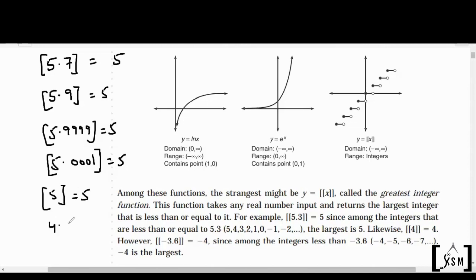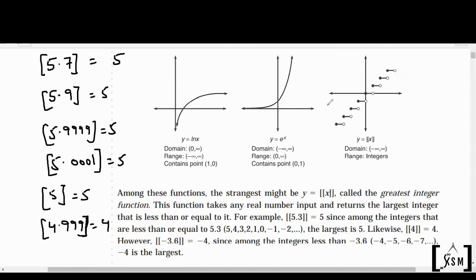Greatest integer of 4.9999 is not 5, it is 4, because less than 4.9999, what is the first greatest integer possible? That is 4, right? So with this understanding, you can see that when x values are all the way from 5.9 to 5, the y value is 5. Okay.